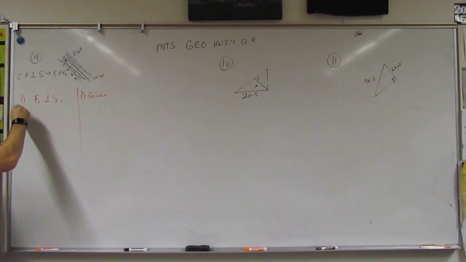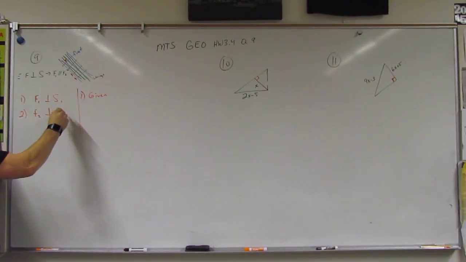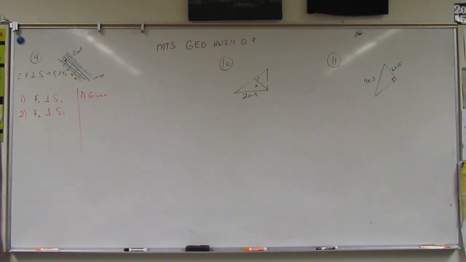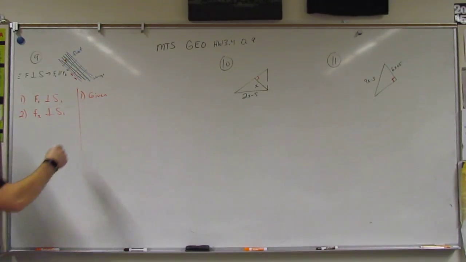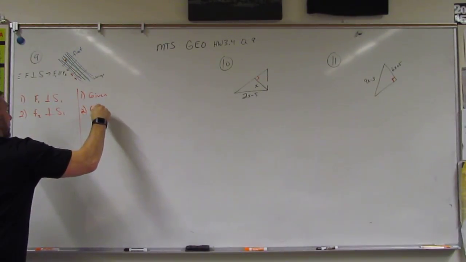Fret 2 is perpendicular to string 1. What do we call that? Because it said it was perpendicular to all the frets, we can say that it's perpendicular to 1 and to 2, right? Okay? So what would that be? Given? Okay. Alright.